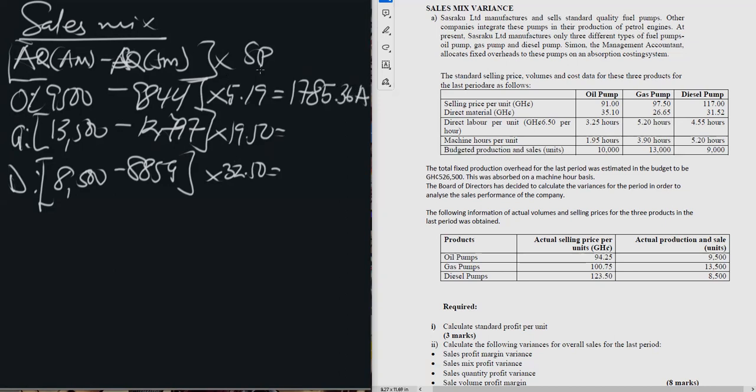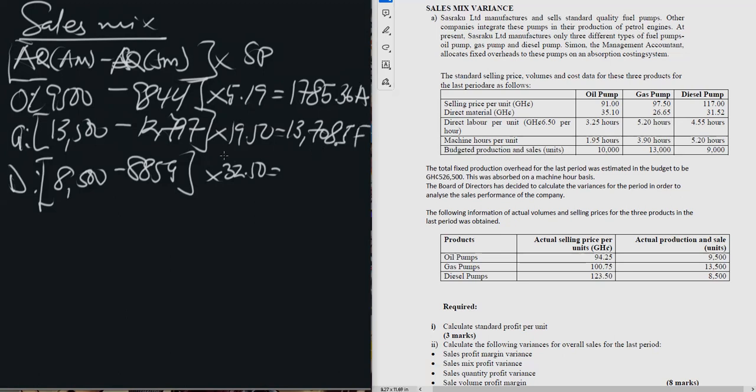Adverse. The same way you have 13,500 minus 12,797 times 19.5, and that gives us 13,708.5 favorable.